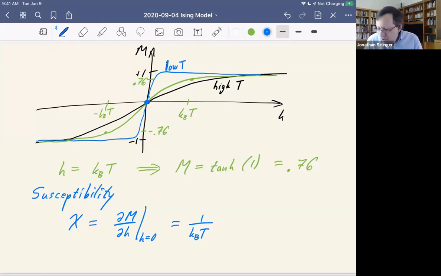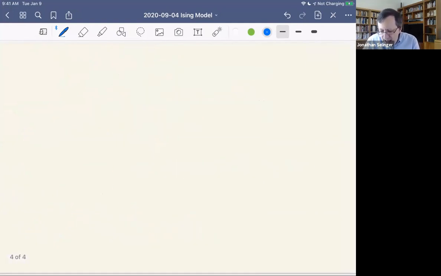Okay then. So now let's go back to our original idea for the Ising model and put the interactions back in.